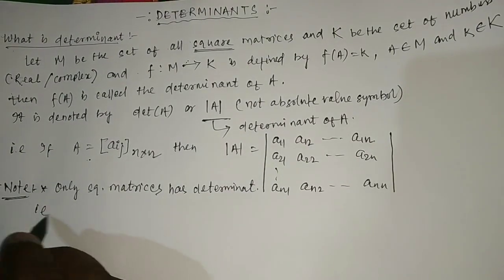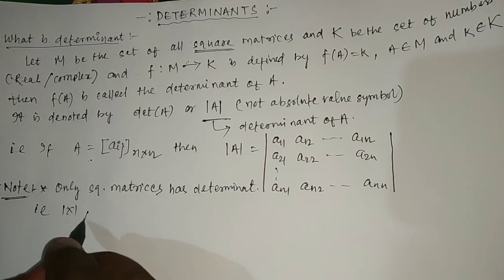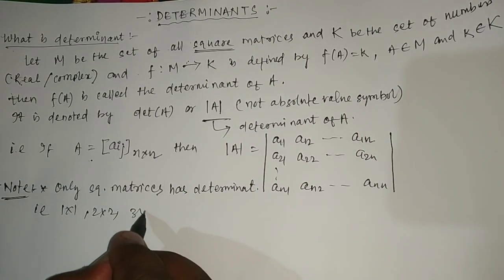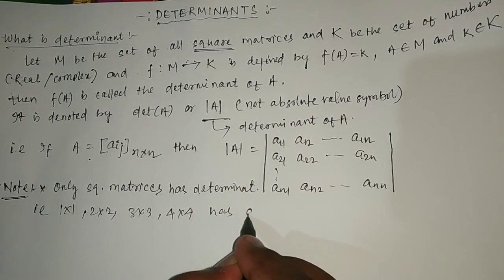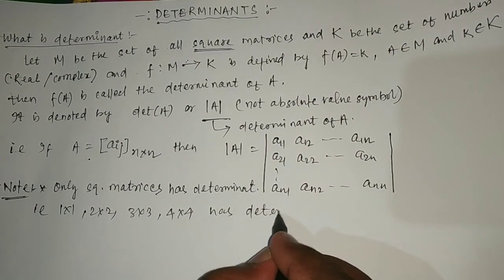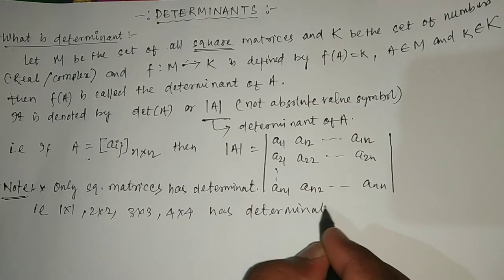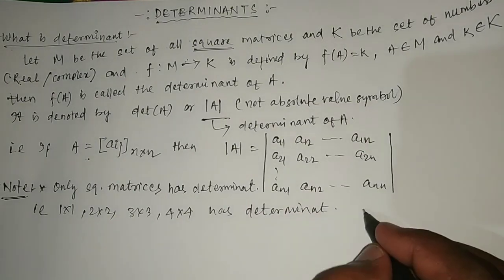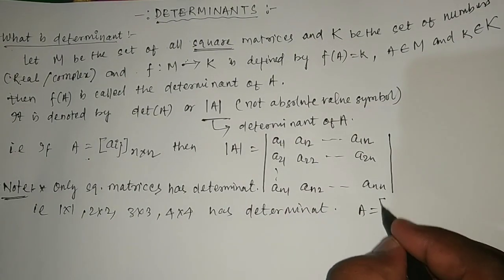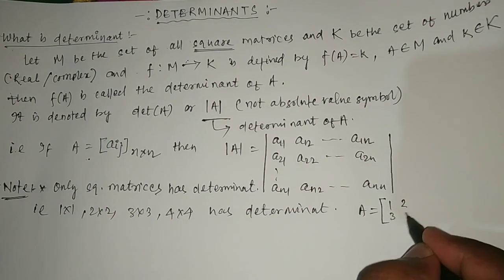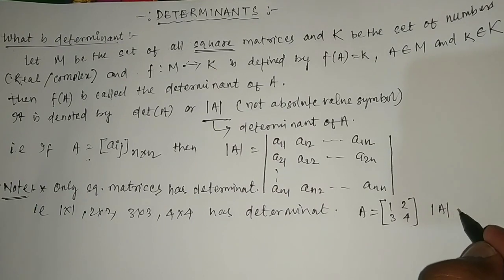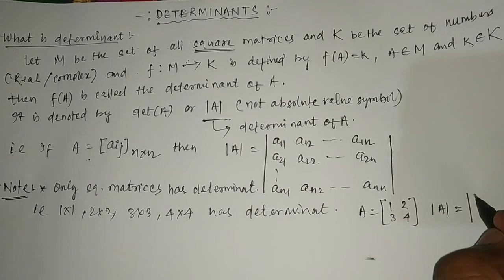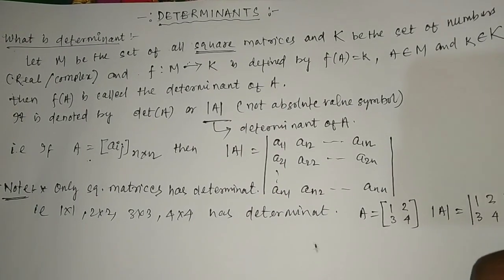That is, the matrices of order 1 cross 1, 2 cross 2, 3 cross 3, 4 cross 4 have determinants. That is, if A is the matrix 1, 2, 3, 4, then the determinant of A can be written as |1 2; 3 4|.